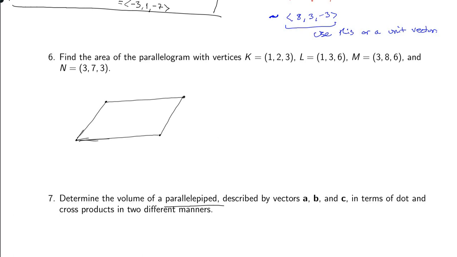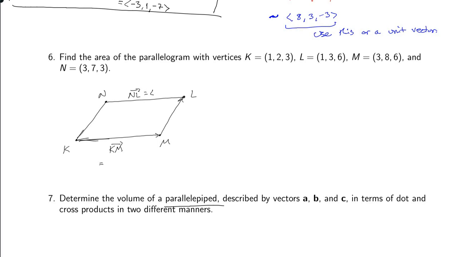Like, say I put K here, and then L over here, and then M and N here. What we want to do is check these vectors that are across from each other. So if I check KM and NL, we should get the same vector for this to be a parallelogram.